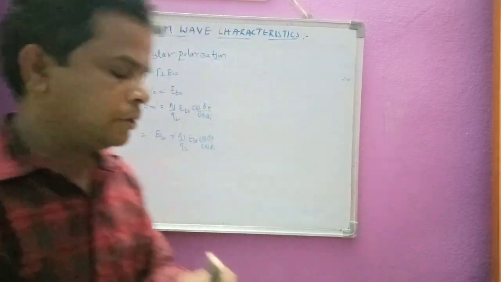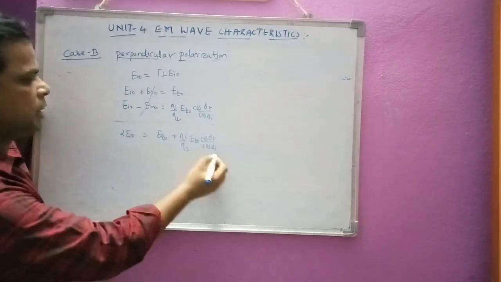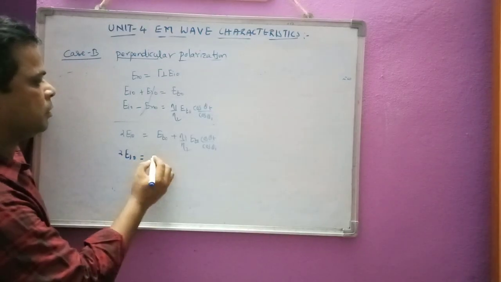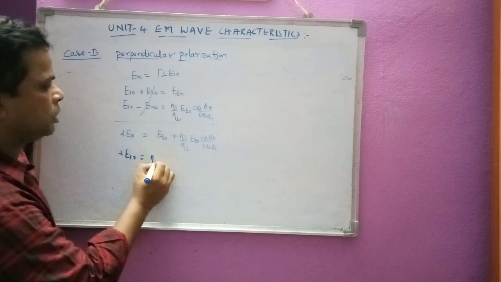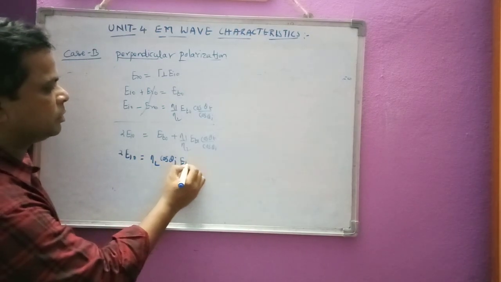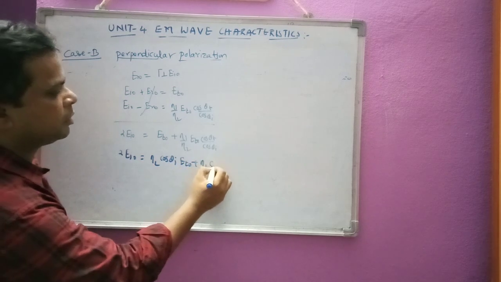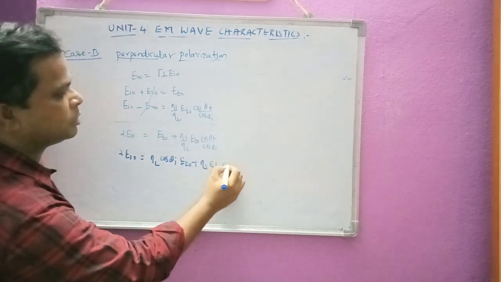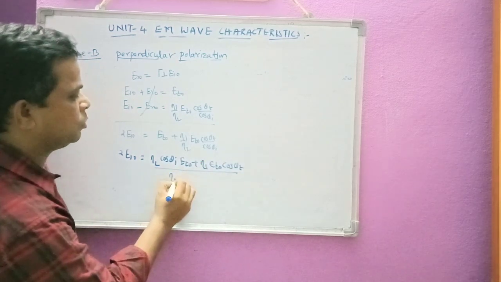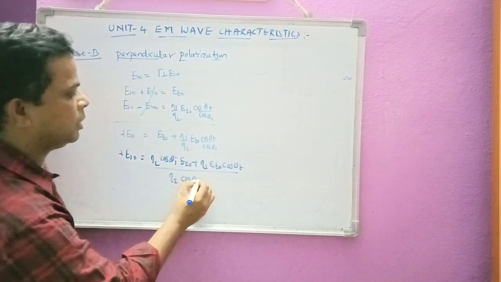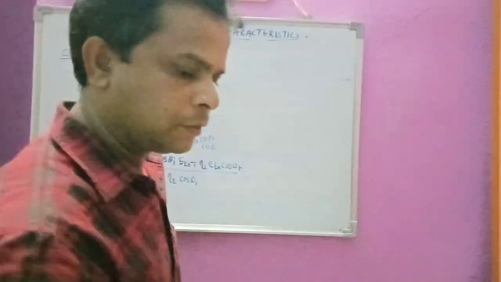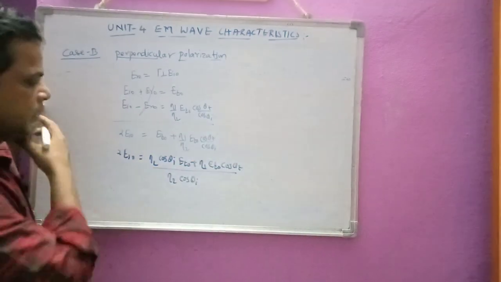We have changed the sketch here. If I take the LCM here, 2 EI0 is equal to eta2 cos theta I into ET0 plus eta1 ET0 cos theta t by eta2 cos theta I. Now I will set this to the right hand side.